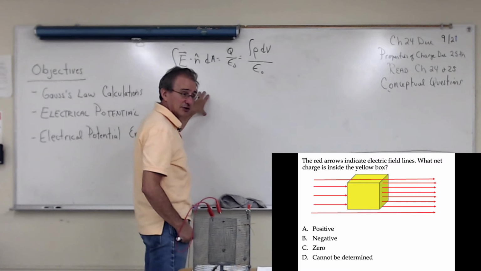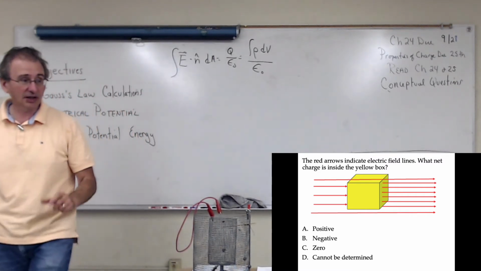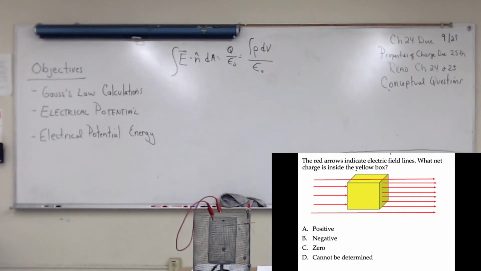So for this one, the answer is A. It's a positive charge. Okay, that's indicative that you have a positive charge, or at least a net positive charge. That's really what I should say, is that you have a net positive charge going out of the box. All right, let's try one more.